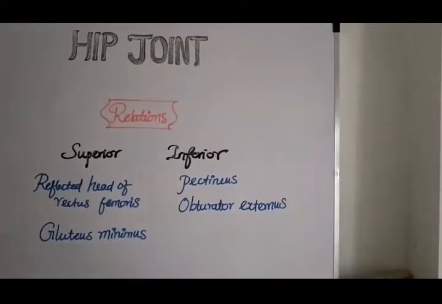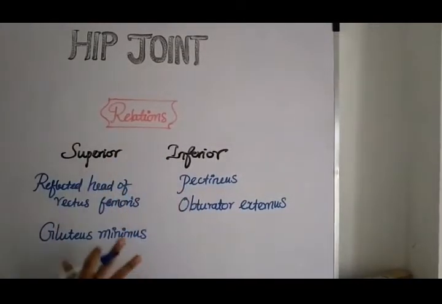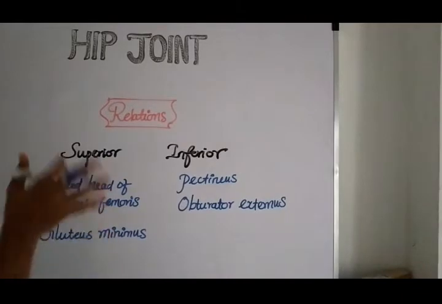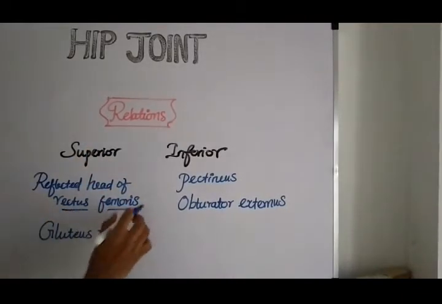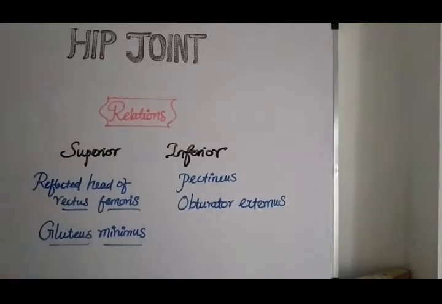And now the superior and inferior relations of the hip joint. Superior, the structures above the hip joint will be the reflected head of rectus femoris muscle and the gluteus minimus. Gluteus minimus muscle is also present above the hip joint, and above minimus will be the gluteus medius, and above that will be gluteus maximus. We all know that.